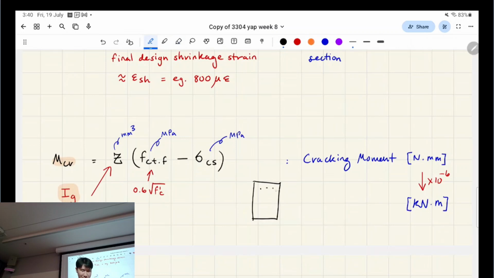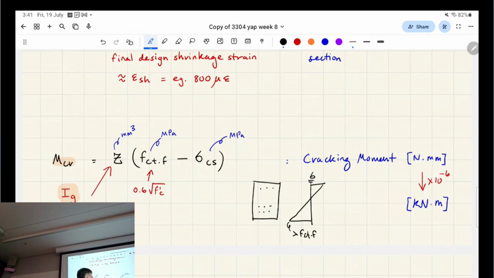So here's your concrete. That's the reinforcement or whatever. And then here's the stress distribution, right? So it's like that, right? Simply supported. That's your stress on the outermost tensile fiber, right? Once that reaches more than f'ct.f, right?